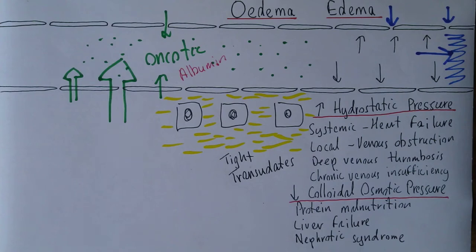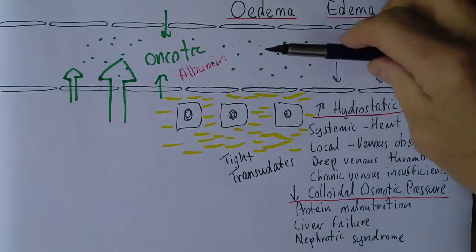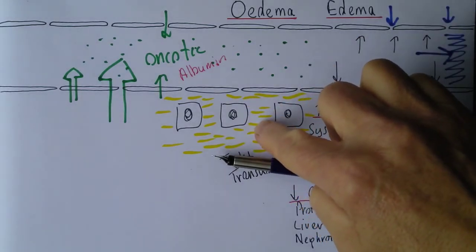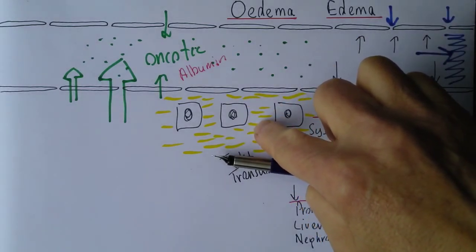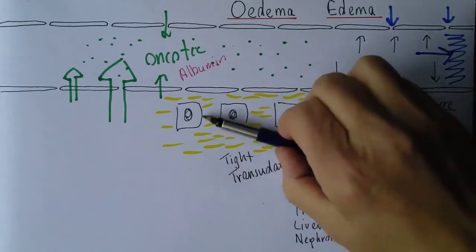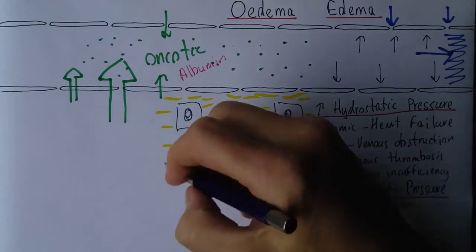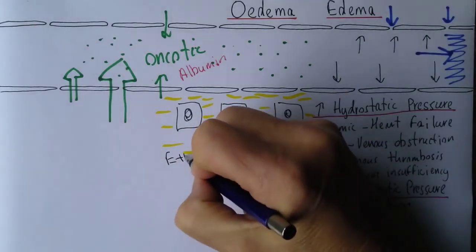It's a transudate. The nature of the increased interstitial fluid is normal. It's like interstitial fluid is normally. We'll notice some differences in a minute between transudates and the other sort, which is the exudates.